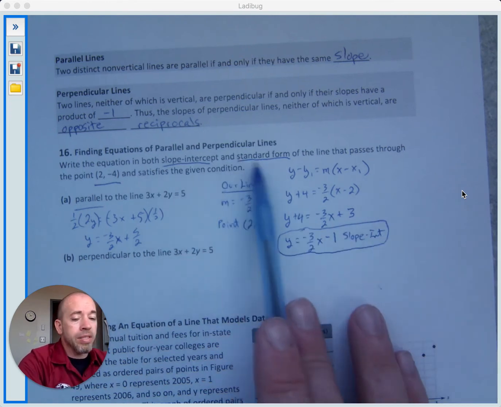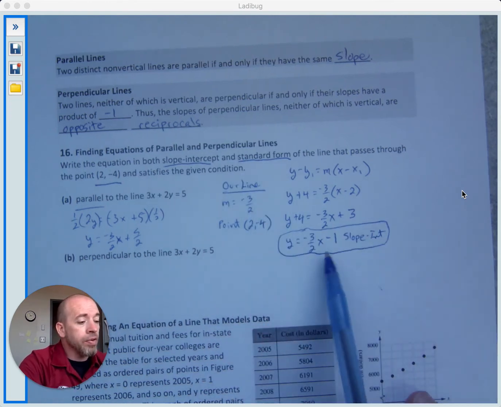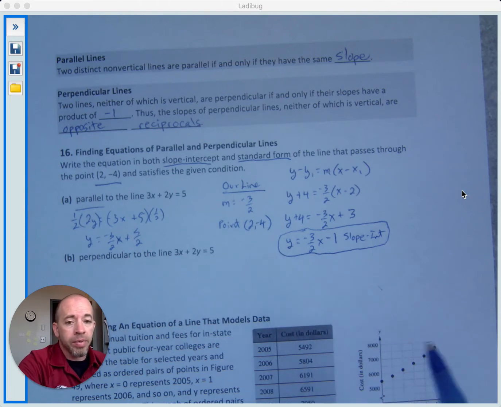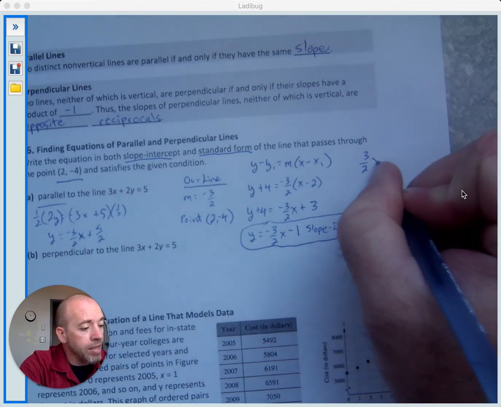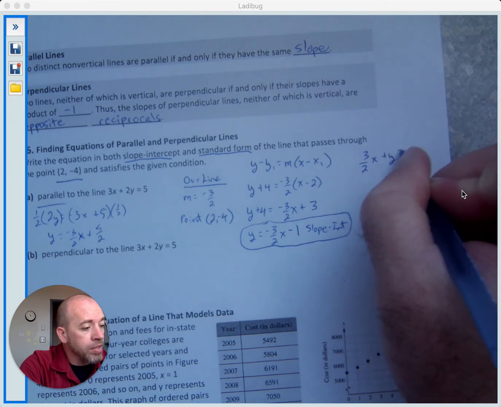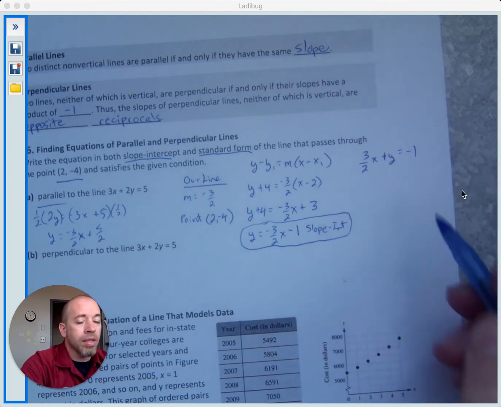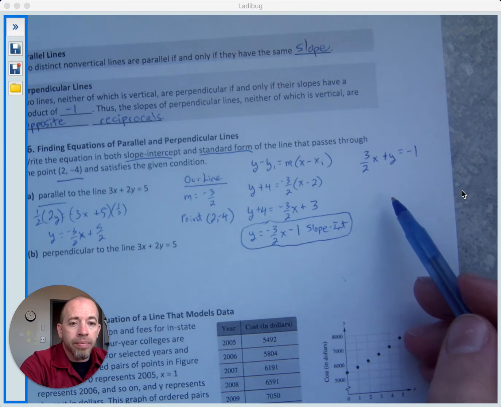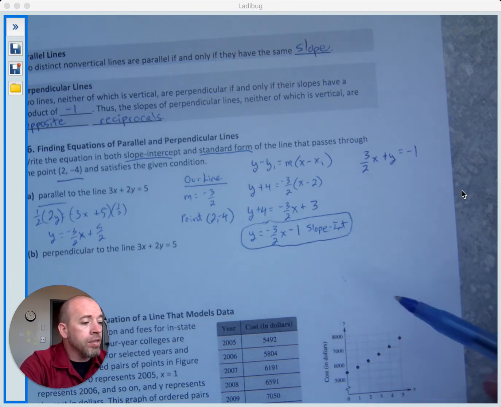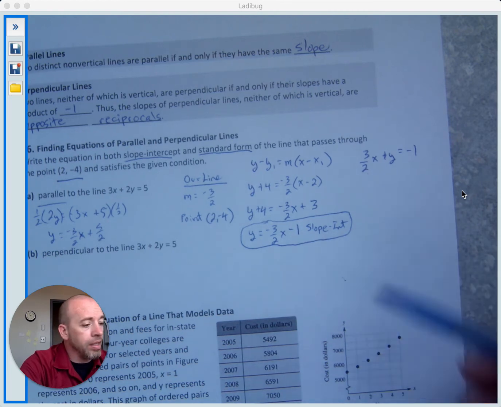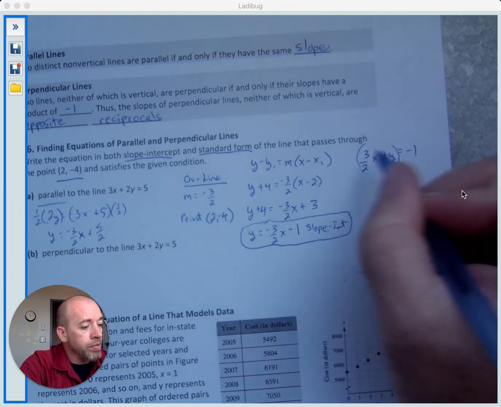We're also asked to find standard form. To find standard form, we're going to get all our x's and y's on one side. So I'm going to add the 3 halves x. It gives me 3 halves x plus y equals -1. And then we have to clear the fractions, right? So I'm going to multiply both sides by 2, since 2 is our LCD.